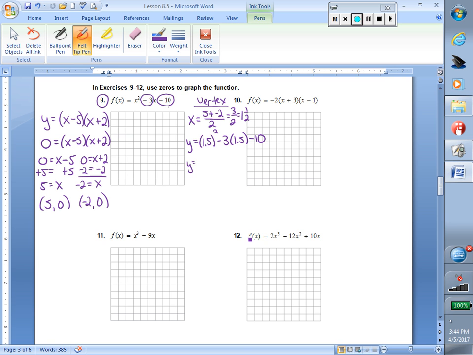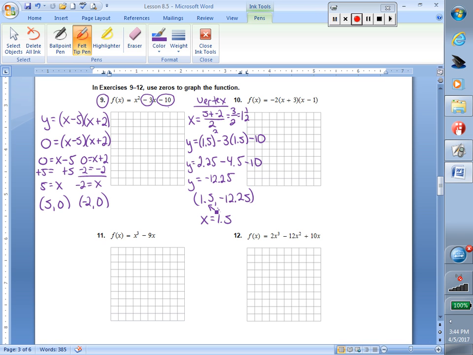I grabbed my calculator, and it's going to give me 2.25 minus 4.5 minus 10. I finish off my computation. I get negative 12.25. So my vertex, the x is 1.5, the y is negative 12 and a 4. Axis of symmetry, x equals 1.5. Remember, those two values are the same.